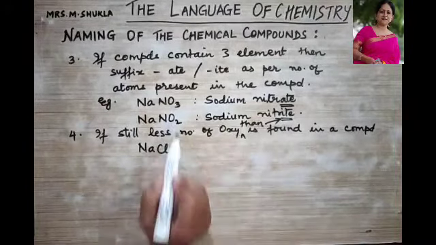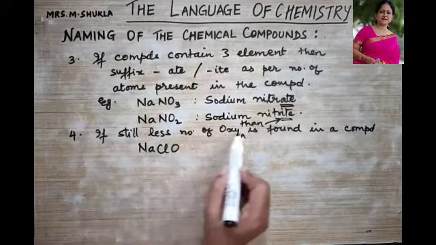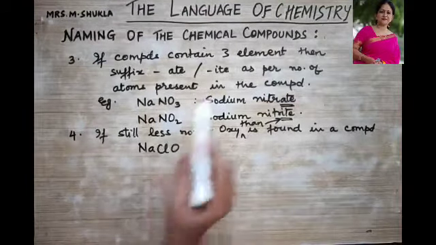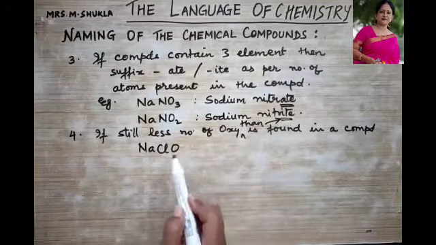Here it was 2, now here it is only 1. So when still less number of oxygen than ite is present, then how do we name it? Here also 3 elements are there, but oxygen is still less than ite.